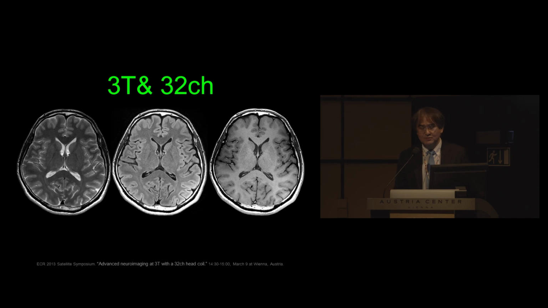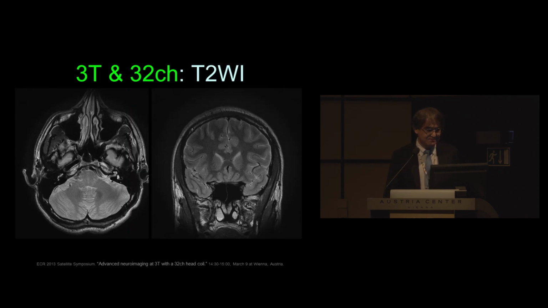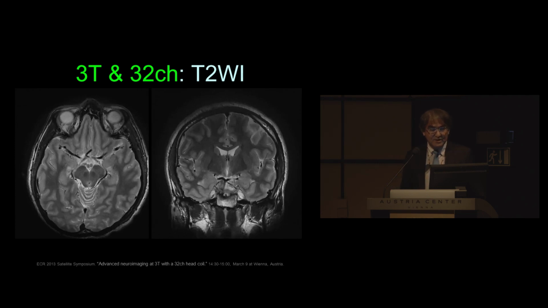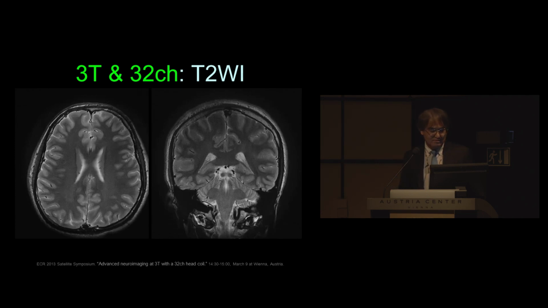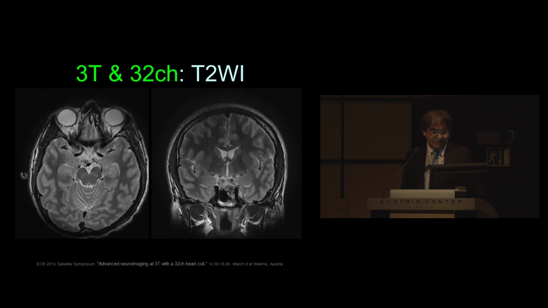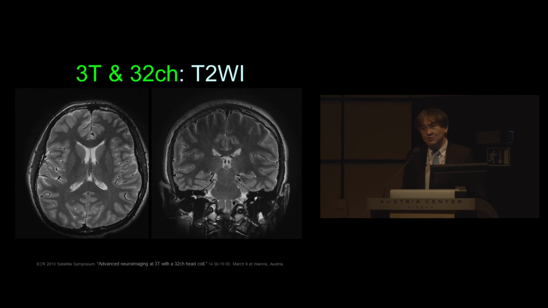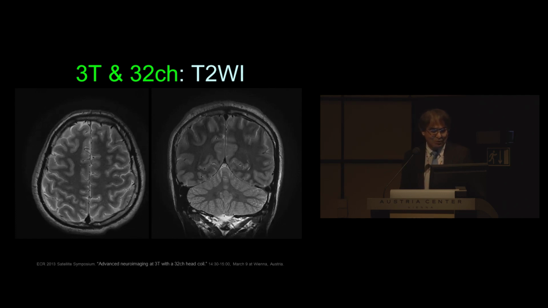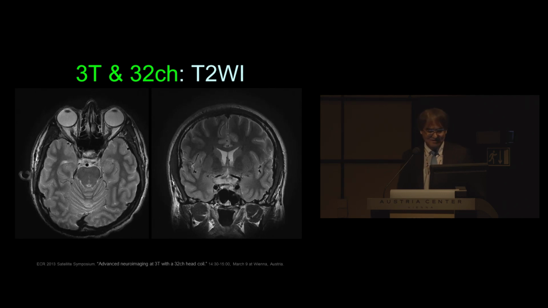In some cases, you have to use inversion recovery for preparation of the contrast. So 3T with a 32-channel head coil in the 2D mode, you can have this kind of very, very fine resolution. Although if you go this high, then the white noise is a bit obvious.